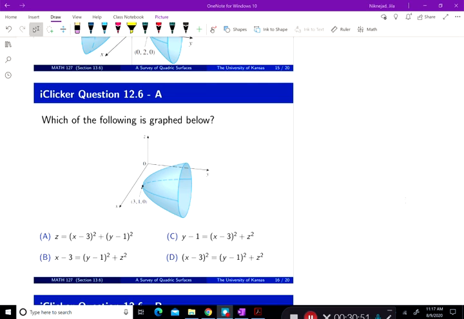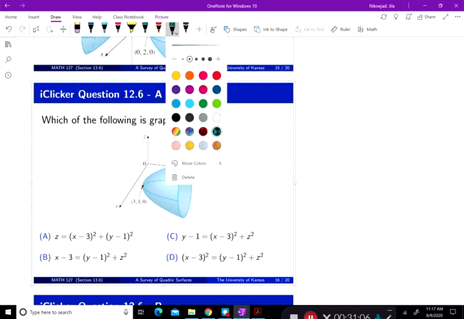C, y minus 1 equal to (x minus 3) to the power 2 plus z to the power 2. D, (x minus 3) to the power 2 equal to (y minus 1) to the power 2 plus z to the power 2. And so how do we go about this? Let's take a break and solve it and come back.